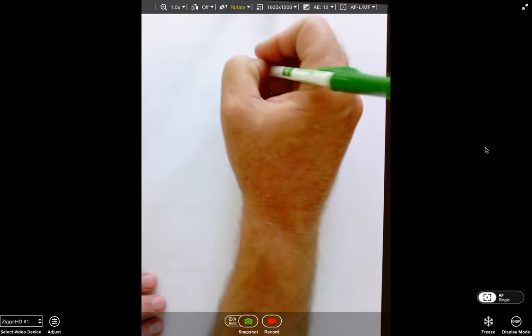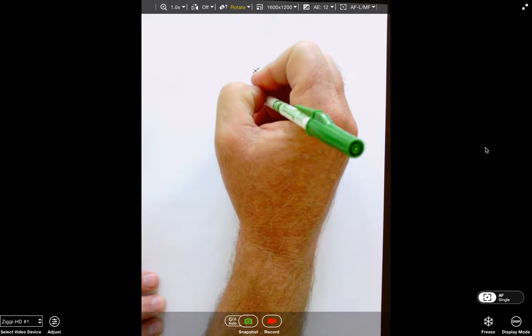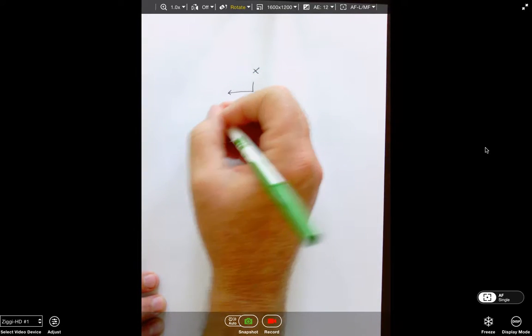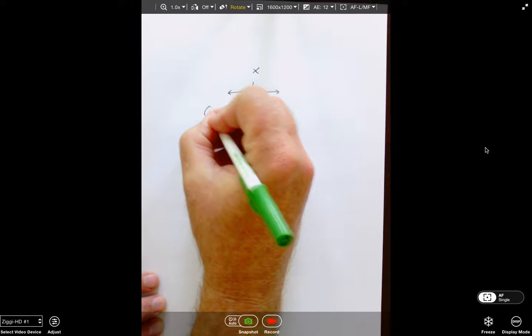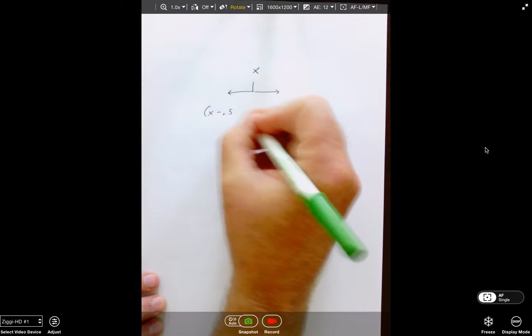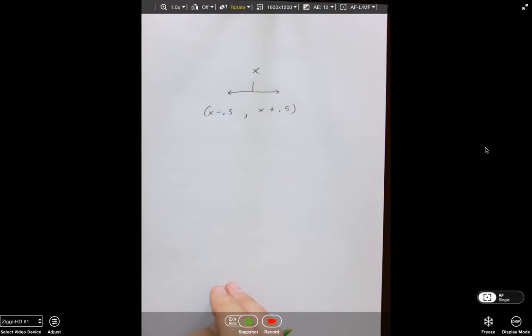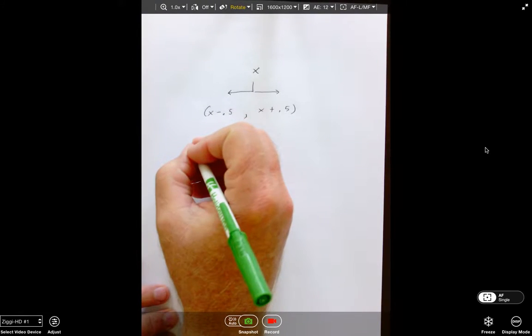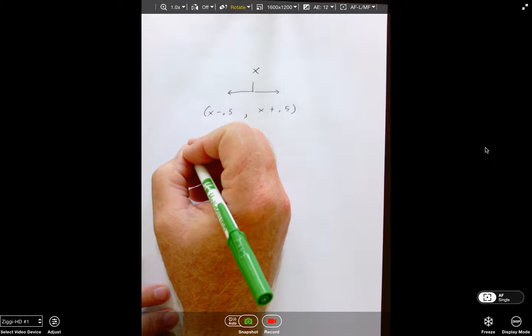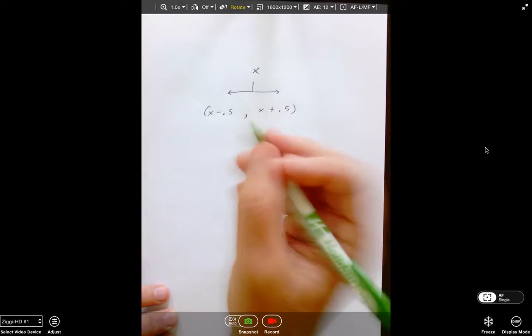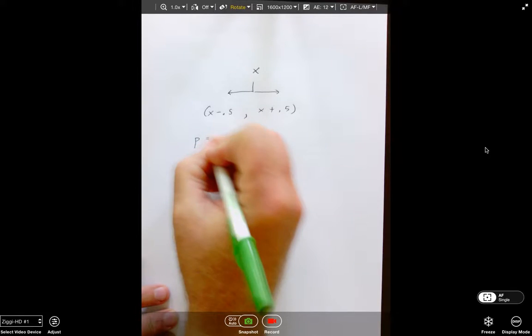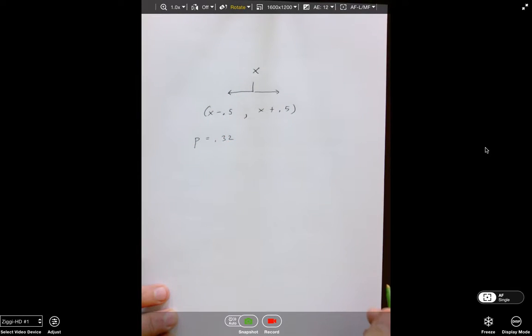So what we have to do is take the number of successes, which is discrete, and look at an interval about that by taking x minus a half to x plus a half. So I find out that the probability of winning a particular bet day in, day out is 0.32.